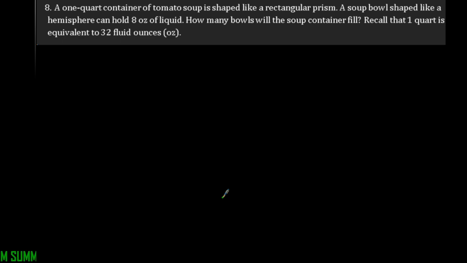So this one's real simple because all we have to do is set up a one-step equation. So we're trying to figure out how many 8-ounce containers will fit, X times, where X equals the number of bowls.